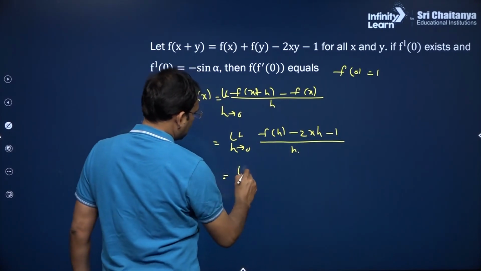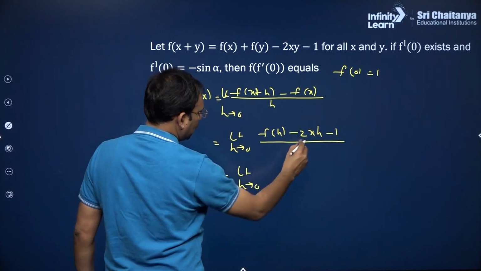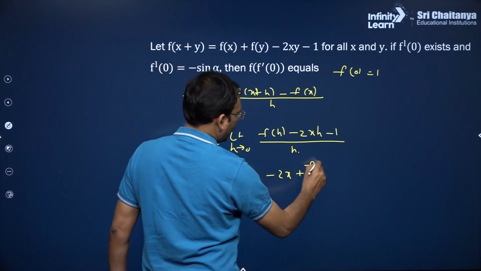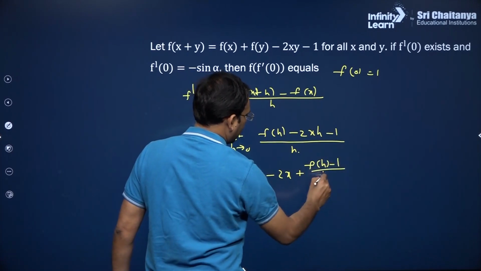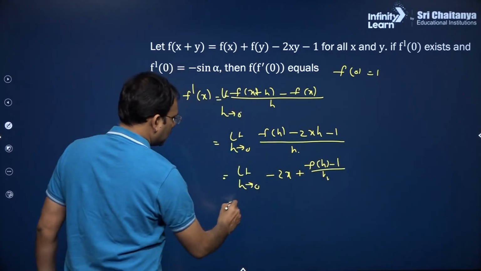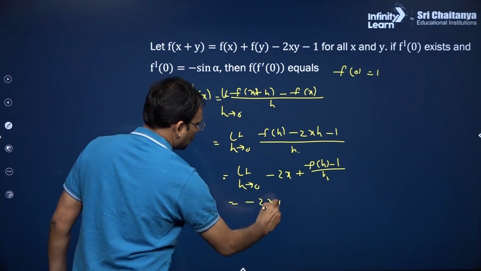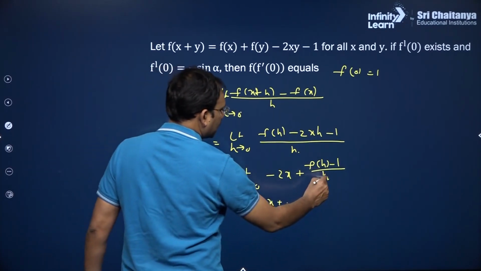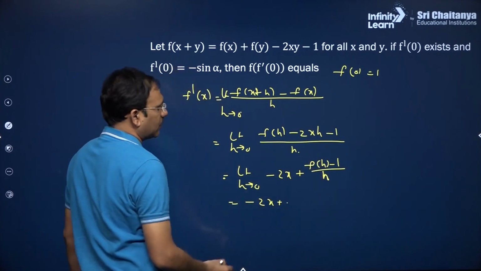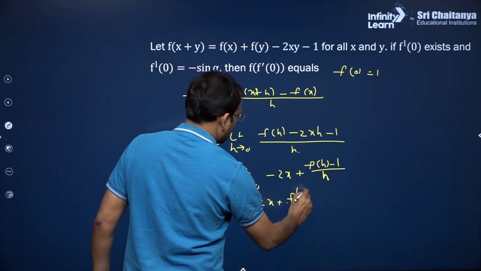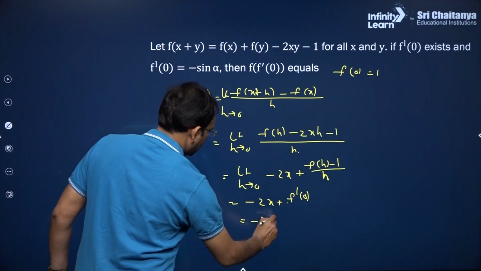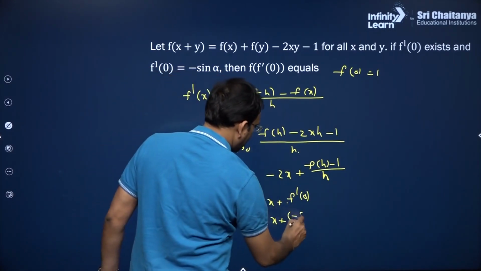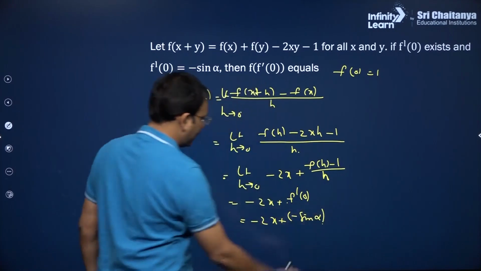So I can say this is limit h tends to 0, this becomes minus 2x plus f of h minus 1 by h. So this is independent of h, minus 2x. You can say 0 by 0 now, by L'Hospital's rule, this is f dash of 0. f dash of 0 in the sense minus 2x, f dash of 0, it is given as some number minus sin alpha, my dear friends.